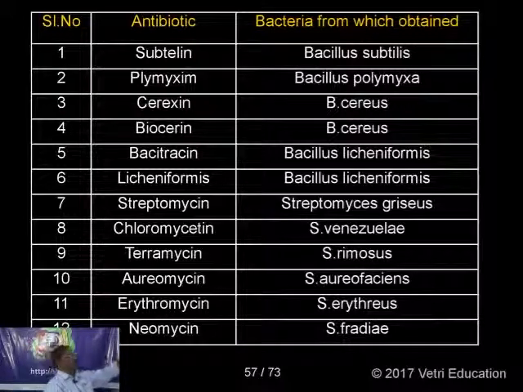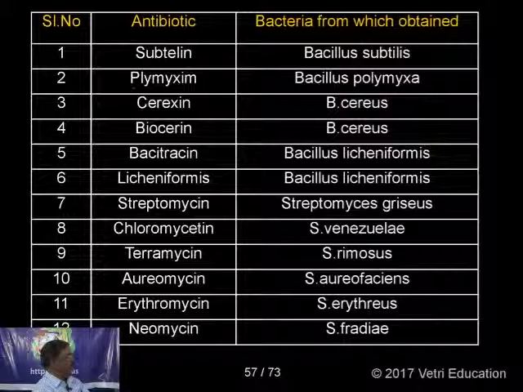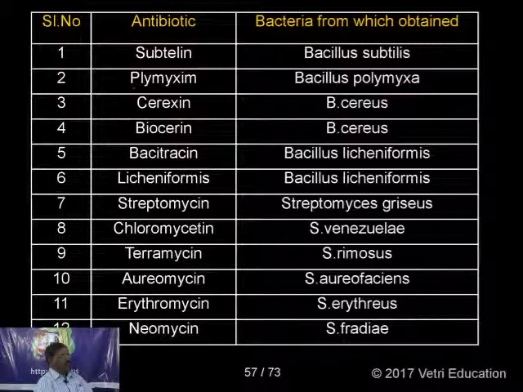Polymyxin, sorry, here I have changed the spelling: P-O-L-Y-M-Y-X-I-N, polymyxin, that is Bacillus polymyxa, and Cerexin, Bacillus cereus, Bacillus cereus, and Bacitracin, that is Bacillus licheniformis, and licheniformin is also another antibiotic. It is obtained from the same bacterium, Bacillus licheniformis. And streptomycin, I told you already, this is prepared by Waksman. Streptomycin from Streptomyces griseus.